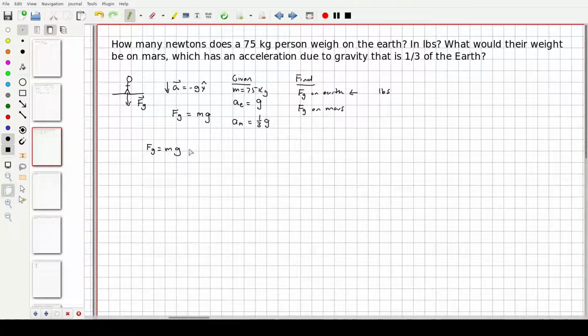And take a look at here on the Earth, where our acceleration due to gravity is just g. So it would be 75 kilograms times 9.8 meters per second squared. So 75 times 9.8 is 735 newtons.